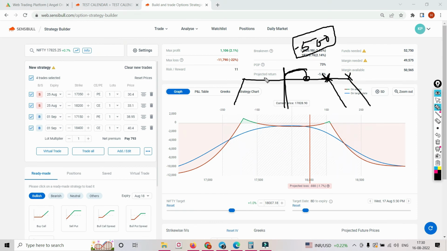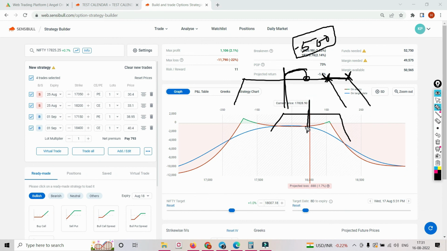Rather than shifting the put, accept the 500, 300 or 400 loss by squaring off that call sell position, and go 100 or 150 points away and sell one more call. So what is the result? You will have one more strangle with the market in the middle. Your trade will be balanced.